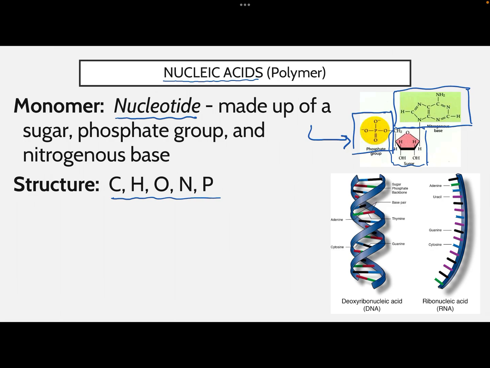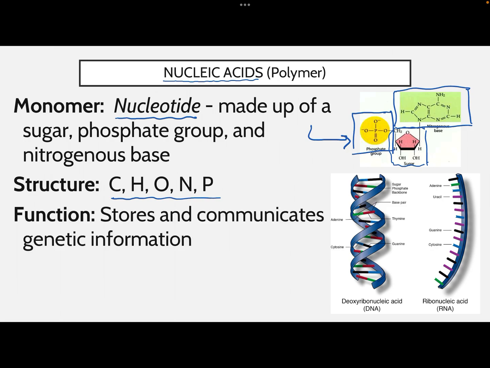And most of you already know that the main function of nucleic acids is to store and communicate genetic information. Some types of nucleic acids store genetic information. Other types use that genetic information to do things in cells. So they communicate the genetic information to other parts of a cell.